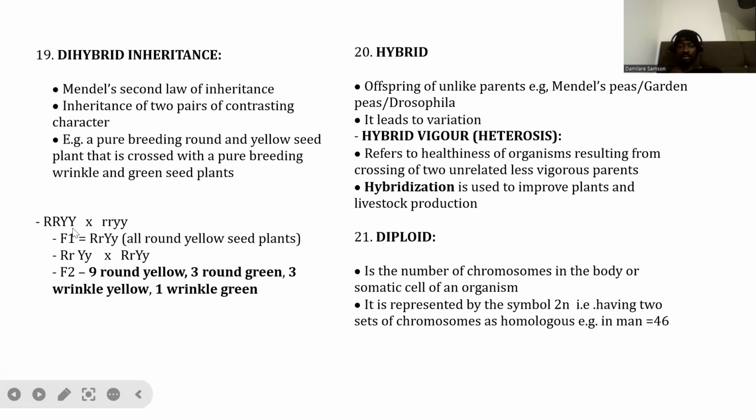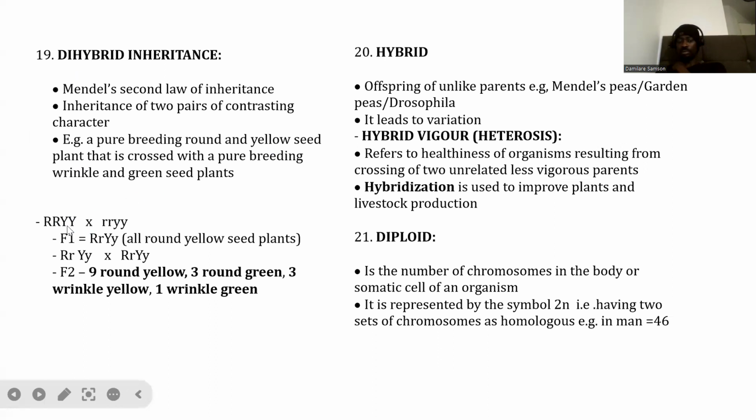Here now, 2 capital R. Remember, R stands for round. If you are talking about a round shape, it automatically is going to have homozygous round, 2 capital R, because it is a pure breed. 2 capital Y is a pure breed.